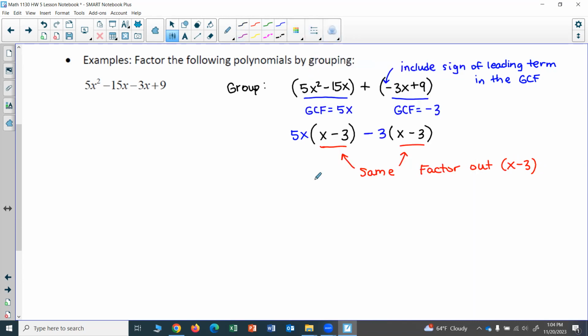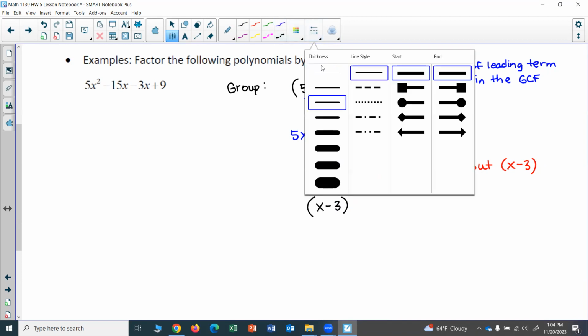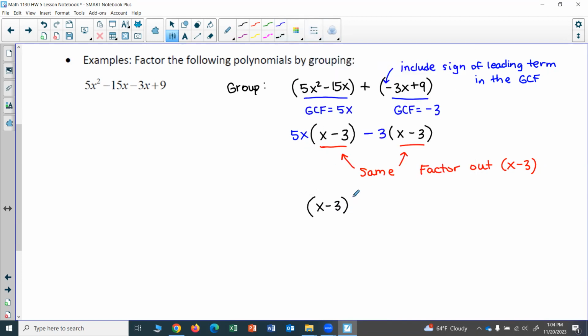So I'll have my x minus 3. What's left from the first group is going to be the 5x, and what's left from the second group is going to be minus 3. So I factored out x minus 3 because it was the GCF of these two terms, 5x parentheses x minus 3 minus 3 parentheses x minus 3.